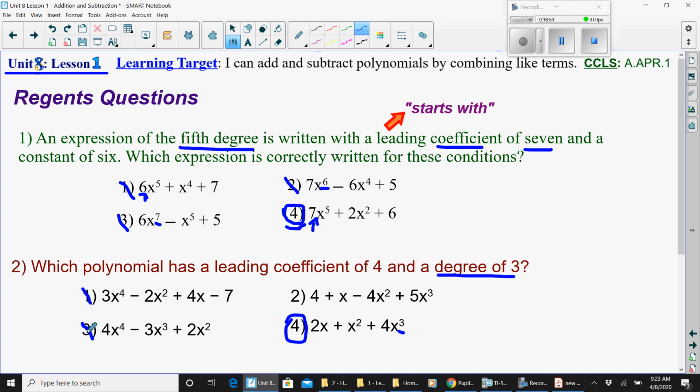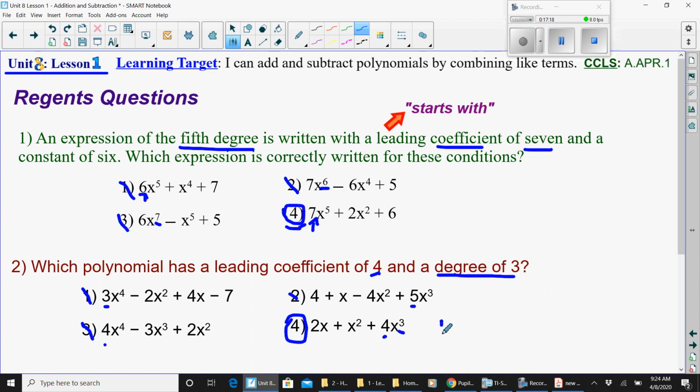All right, number 2, which polynomial has a leading coefficient of 4? Let's talk about that. All right, that's out. Leading coefficient of 4. That could be it. Leading coefficient of 4. That's not it. Leading coefficient of 4. And the reason why I'm going back here is because this should be first.